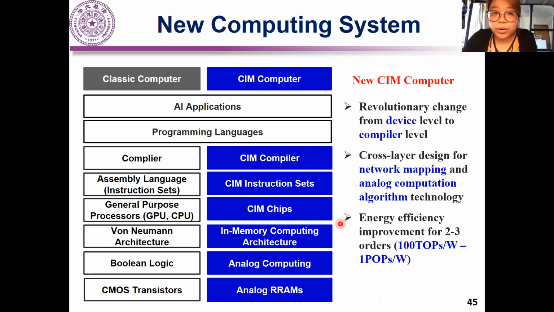So how do you think your framework will change, or how will the spiking neural network based computation influence this entire computing system? Because I think that the analog computing part is different compared with the non-spiking based neural network. So how do you think SNN will influence this entire framework? Thank you.